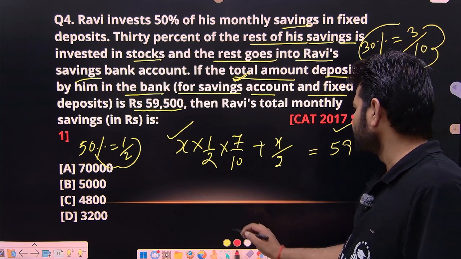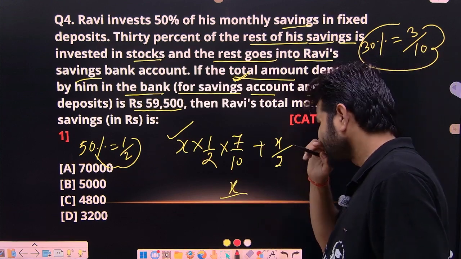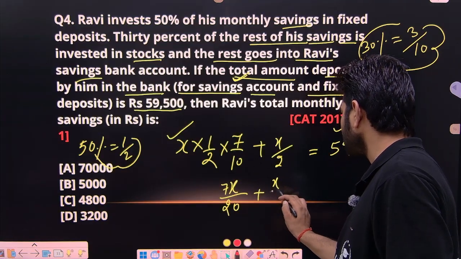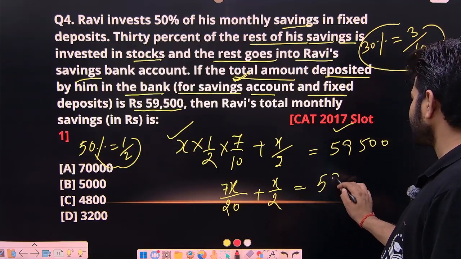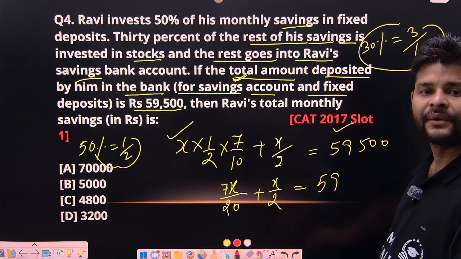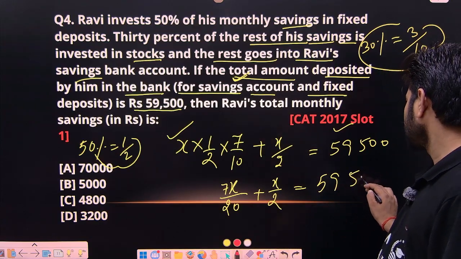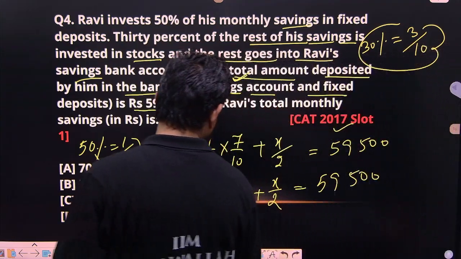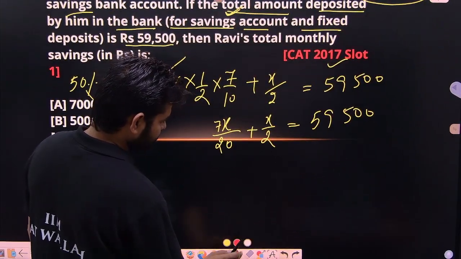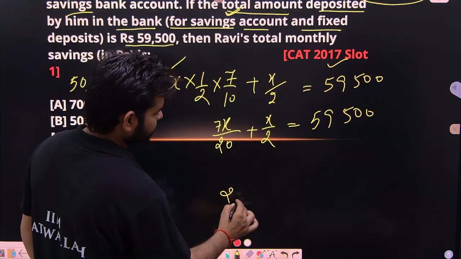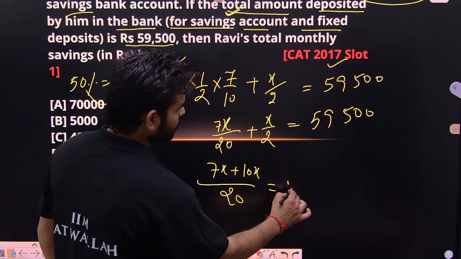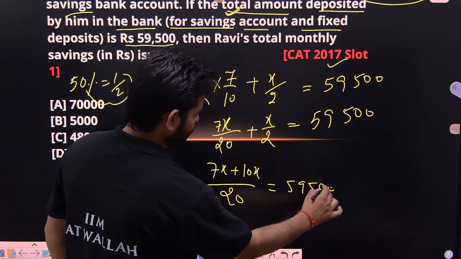If you simplify, you will get 7X upon 20 plus X upon 2 is equal to 59,500. So if you solve, taking 20 as the LCM, you get 7X plus 10X is equal to 59,500.